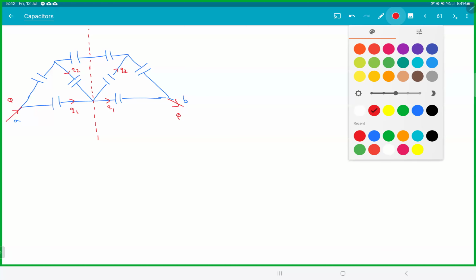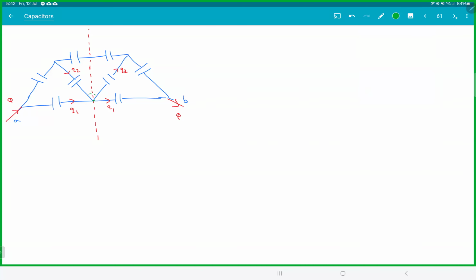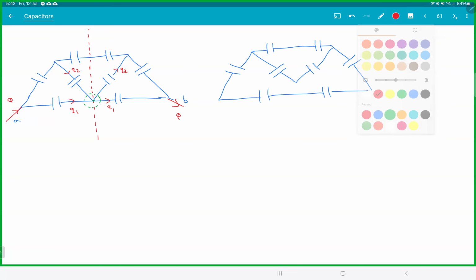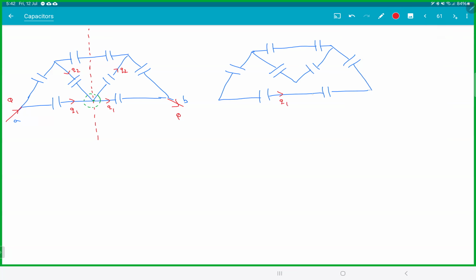Now you tell me, this node which I have, by removing this node, does that affect the charge flow? If I just open that up like this, you'll observe this flow, which is Q1, this is still Q1, this is Q2, this is still Q2.